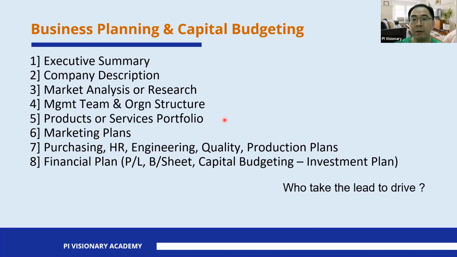So Kuan Yin has even more relationships to establish, not only internal. All these are internal. Kuan Yin, as a salesman, needs to maintain the relationship with external customers.